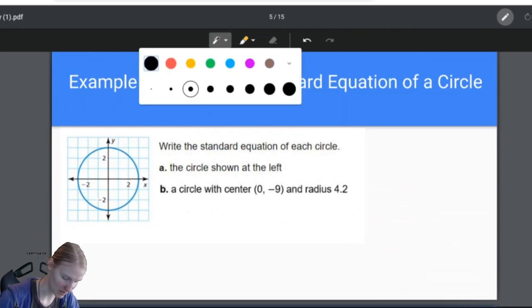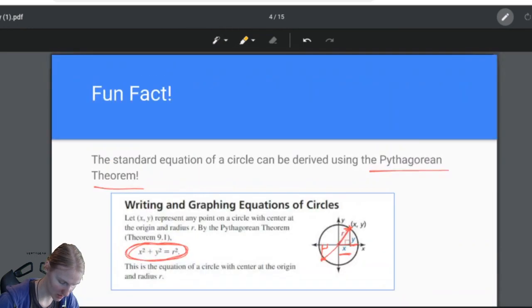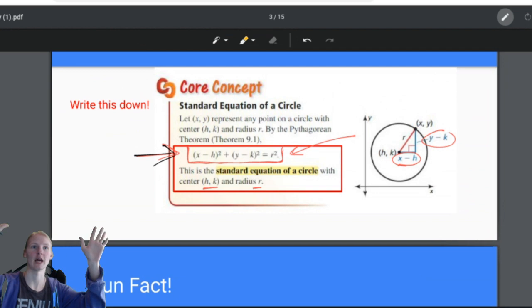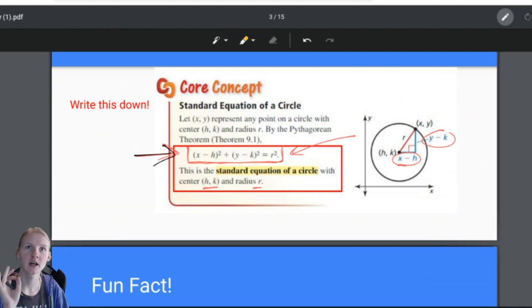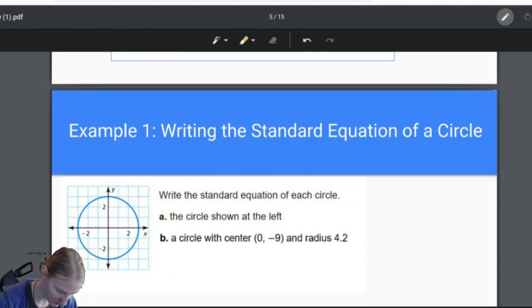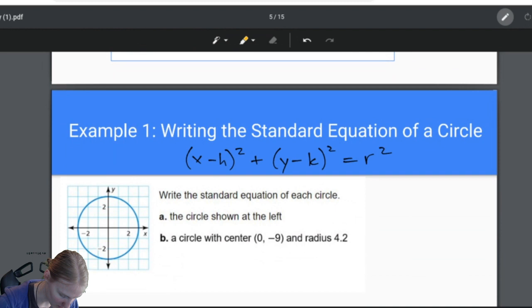So what I recommend when you do these problems is you just write this down on your homework. Write it down nice and big at the top of your homework. Put some hearts and stars around it, because it is important. (x minus h) squared plus (y minus k) squared equals r squared.